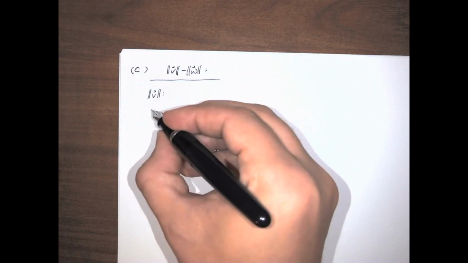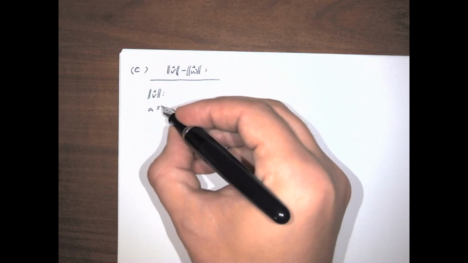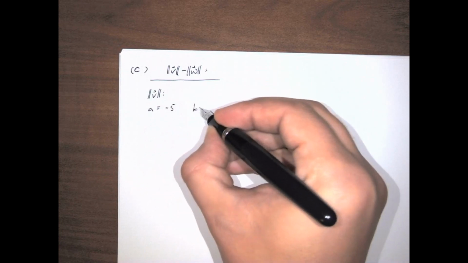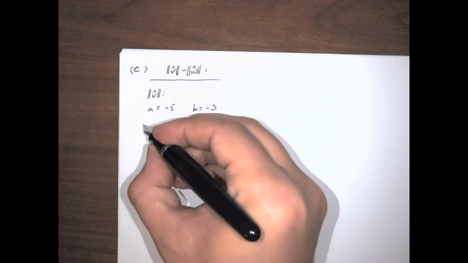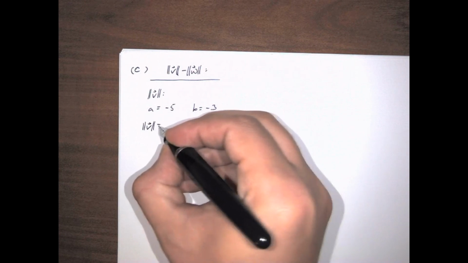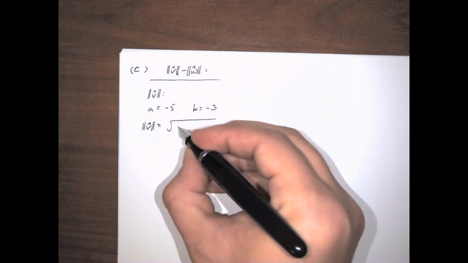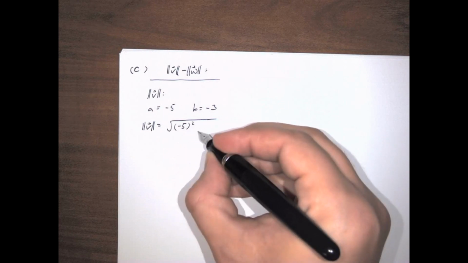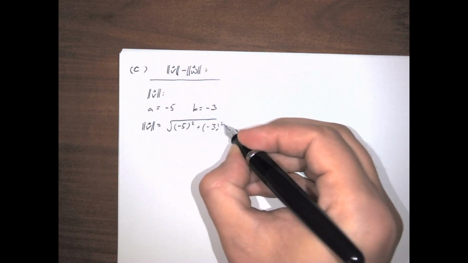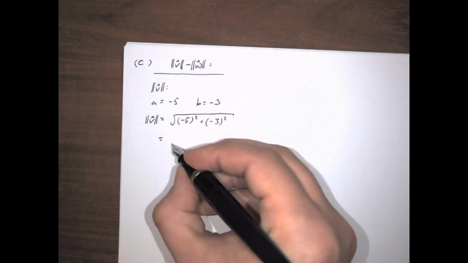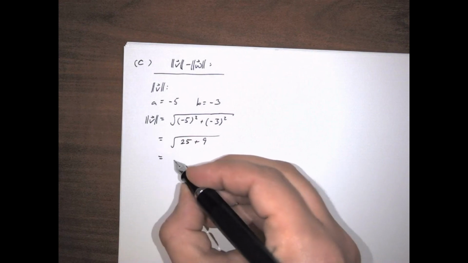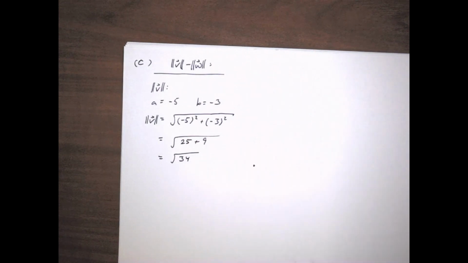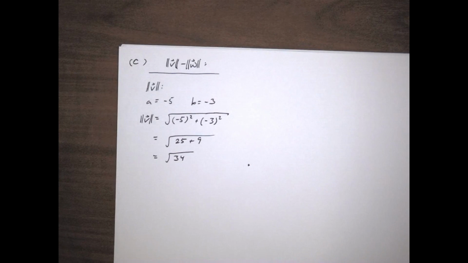A on the V was equal to -5. B was equal to -3. So then the magnitude of V is equal to the square root of -5 squared plus -3 squared, which is just going to equal the square root of 25 plus 9, which is the square root of 34. Now you would look for a perfect square factor here, but there isn't one.